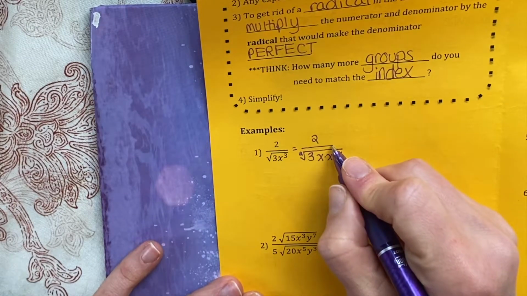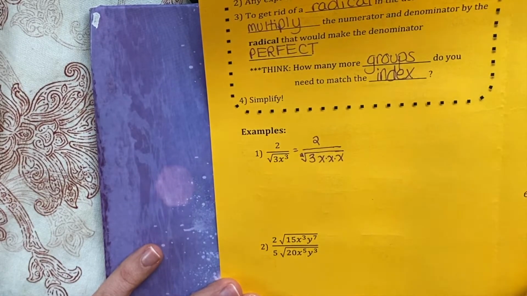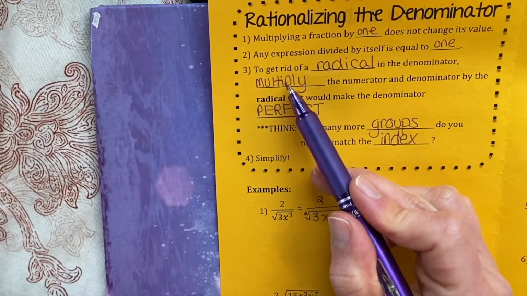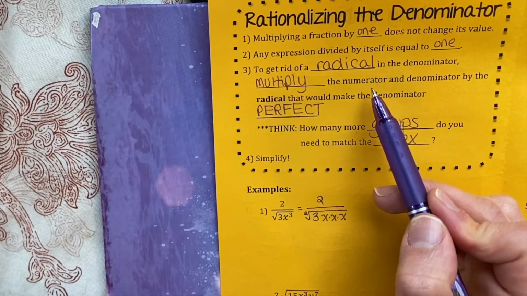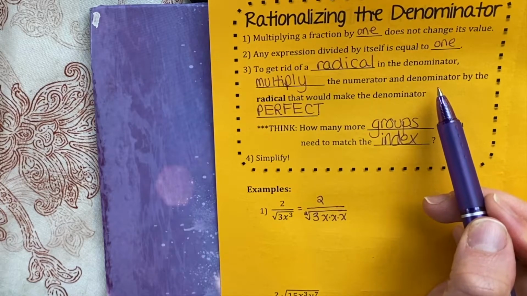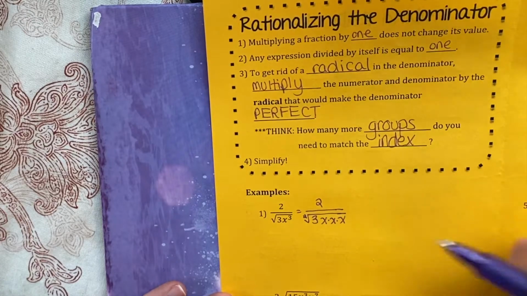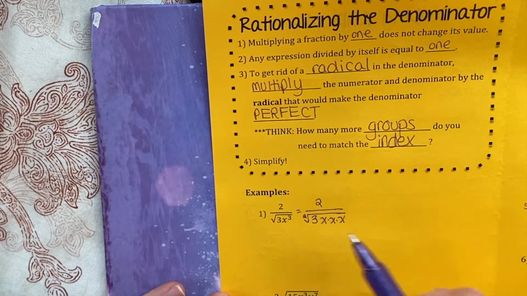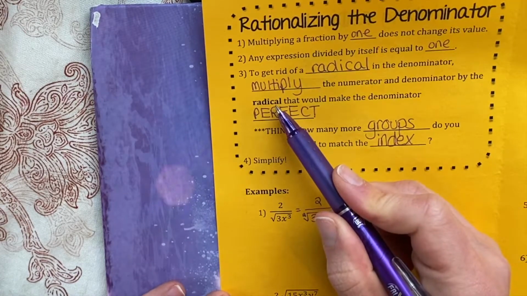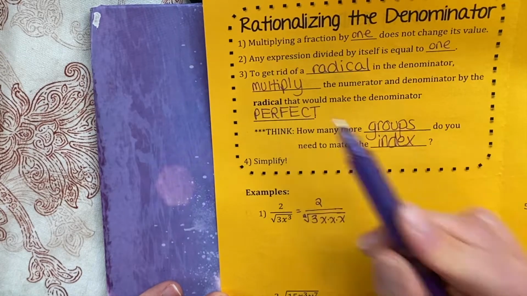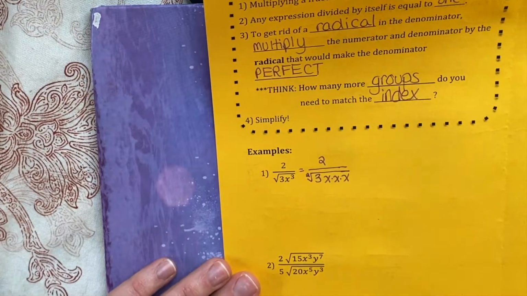Now that requires us to rationalize the denominator. So we're going to have to multiply both the numerator and the denominator by the same thing, but we're multiplying by a radical that would make the denominator perfect. So what does that mean?